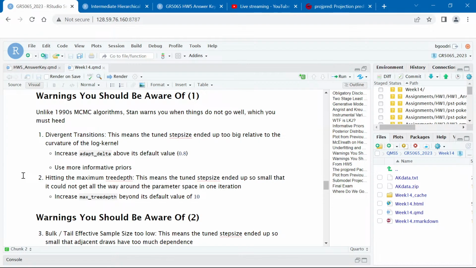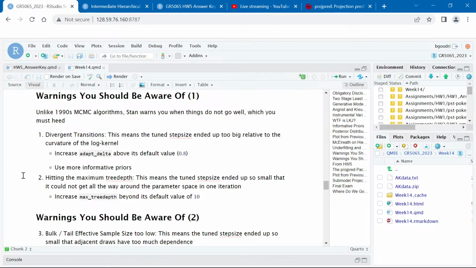And if you're taking smaller steps, sometimes you hit the maximum tree depth. By default this is 10, which means every iteration Stan will take up to 2 to the 10th steps in all different directions. But sometimes it has taken 2 to the 10th steps and it hasn't hit the U-turn point yet.